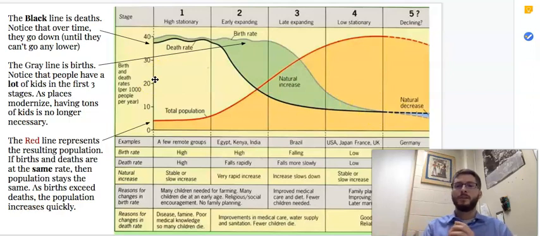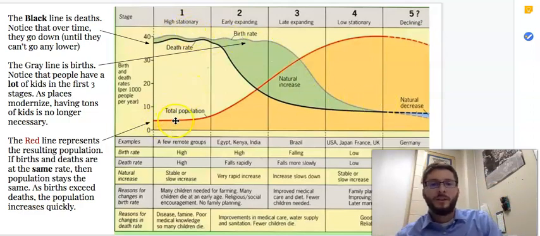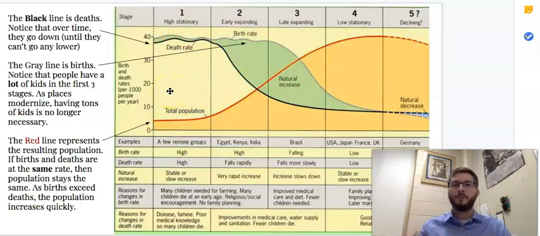So notice that people have a lot of kids in the first few stages of the country's existence, but then as things modernize, as technology improves, as people need less and less kids, that line goes right down, okay? The red line right here, okay, you can see this red line, that represents the resulting population.